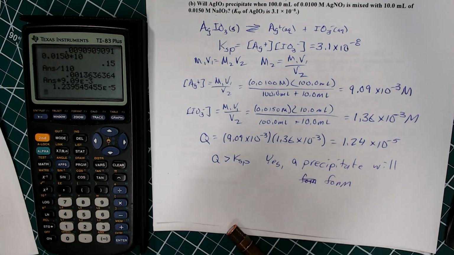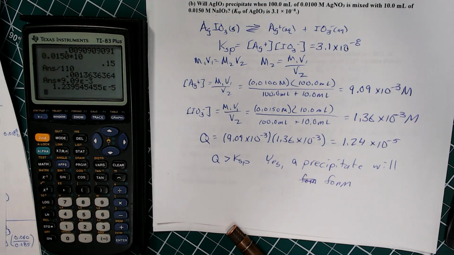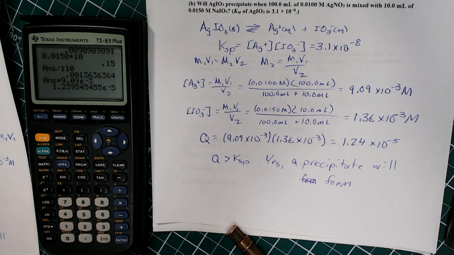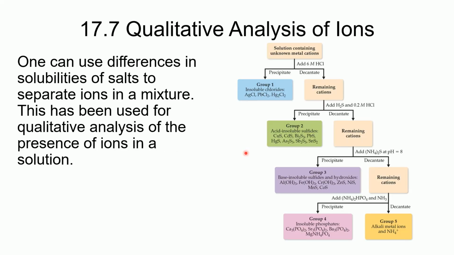And so that's the end of our in-class assignment problems. There's one more page that I want to show, which is kind of interesting, and it is in section 17.7. It is about qualitative analysis. In the lab, we do this qualitative analysis experiment.